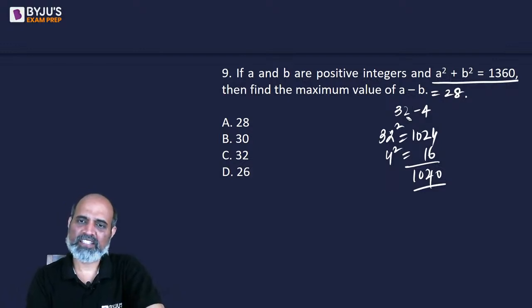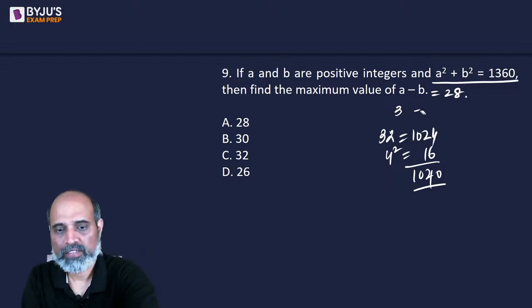What if I take 33 and 5? It will end in 0 if I add them. 36 and 8, 6 plus 4, it may end in 0.